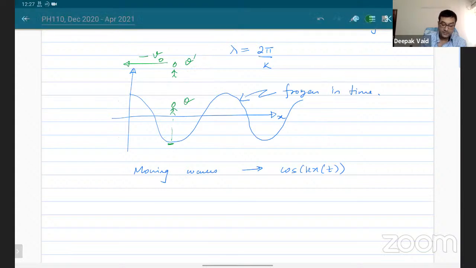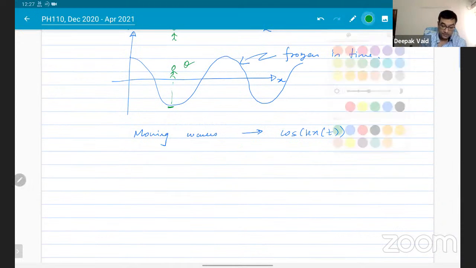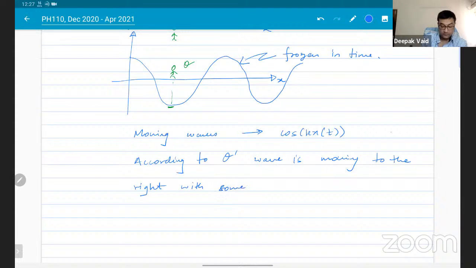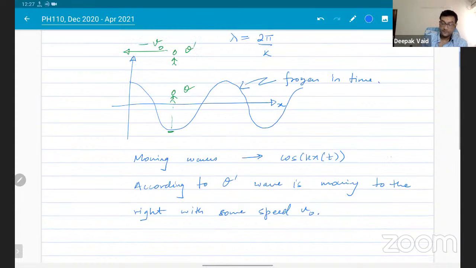This O prime says that the wave is moving to the right with some velocity v naught, right?